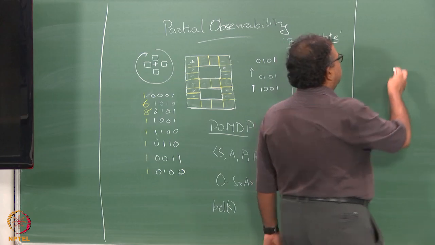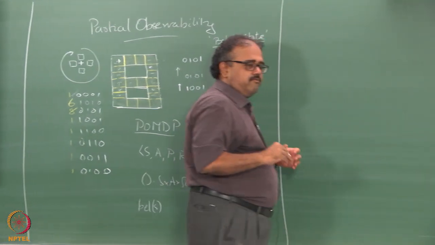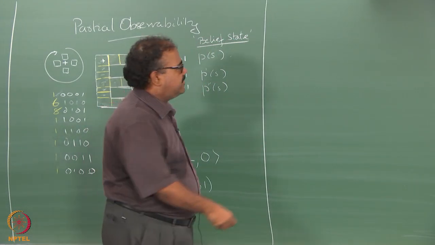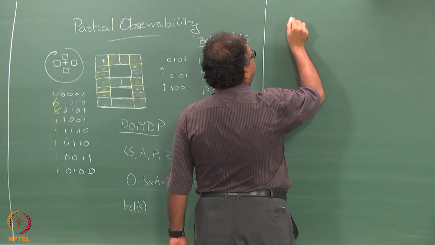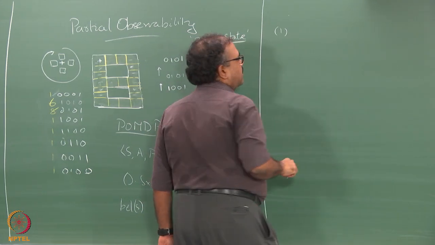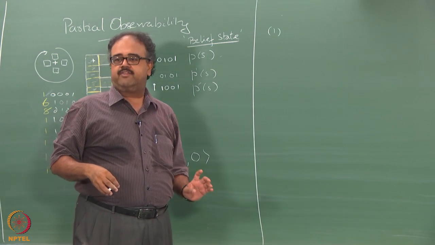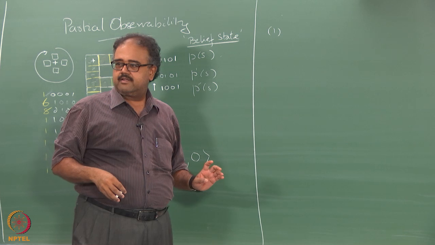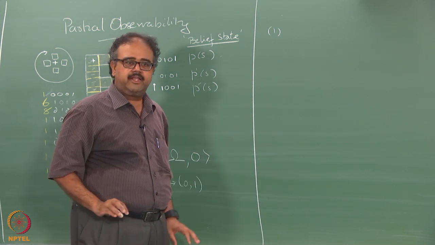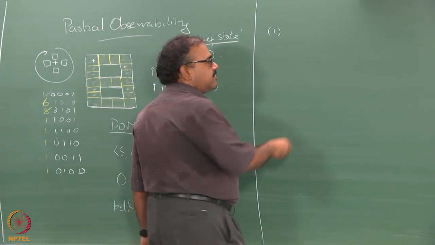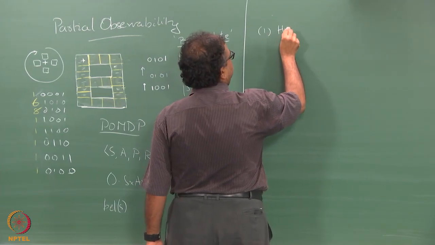So I am going to talk about different ways of thinking about solving this problem, right? The first one is actually something that doesn't use belief states. It's pretty straightforward, very nice way of solving this.